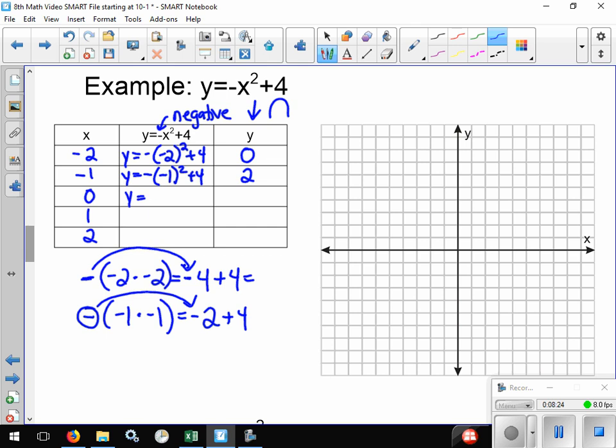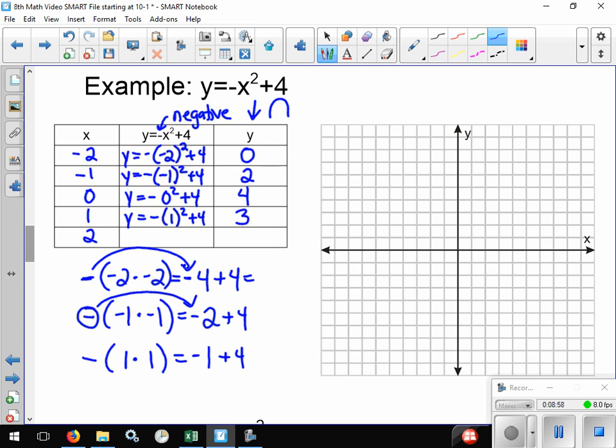We have y equals negative 0 squared plus 4. Well, 0 squared is 0. You can't have negative 0, so it's just 4. Okay? And then we have y equals negative 1 squared plus 4. So remember, 1 times 1 gives you 1, but it's now negative 1 plus 4, and that gives us 3.